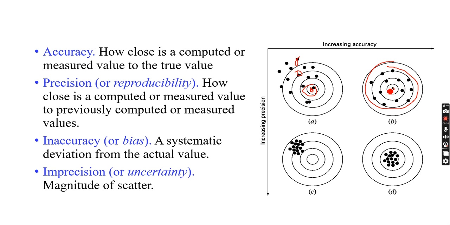So the smaller the radius of accuracy, the more is the accuracy. If the points are in the second circle, then our accuracy is less than for all the points that are in this circle. So as we go away from this circle, our accuracy decreases.